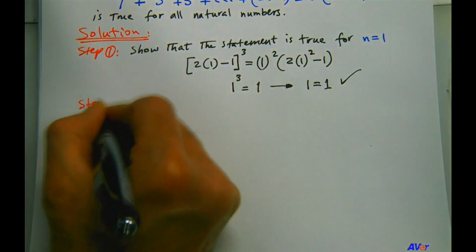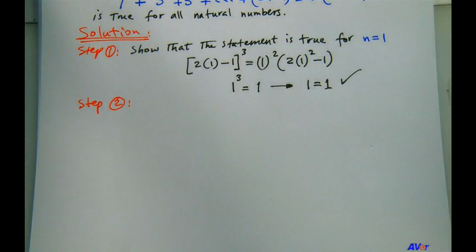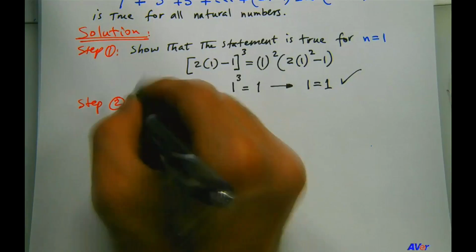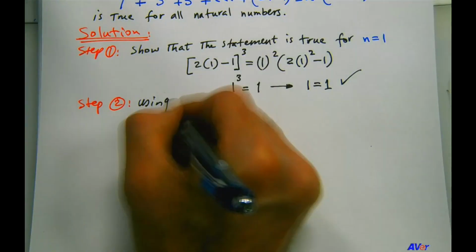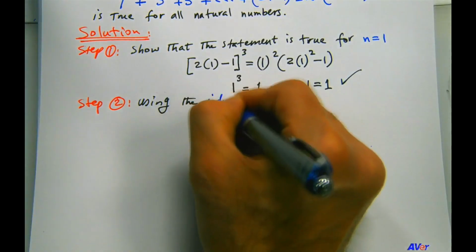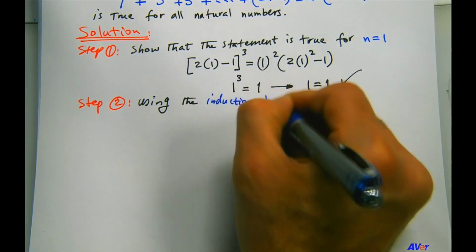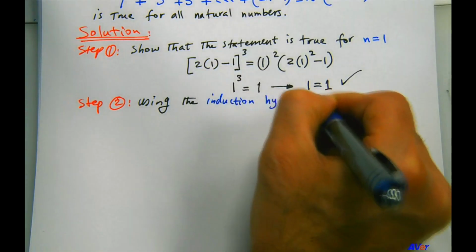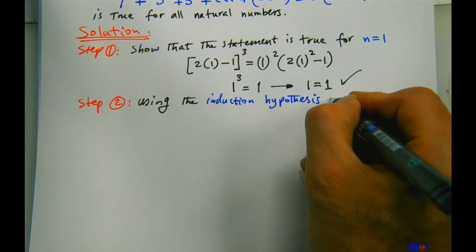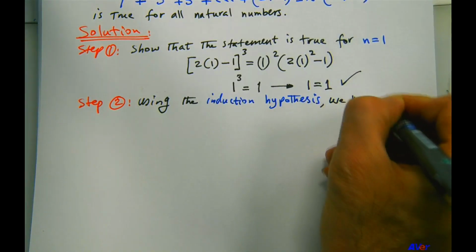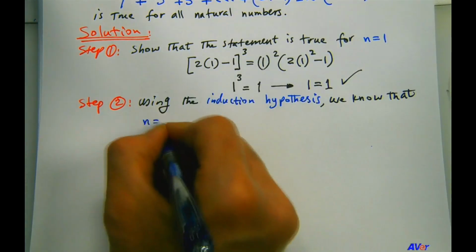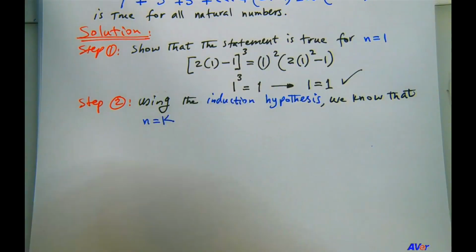Step 2, using the induction hypothesis, we assume that n equals k must be true.